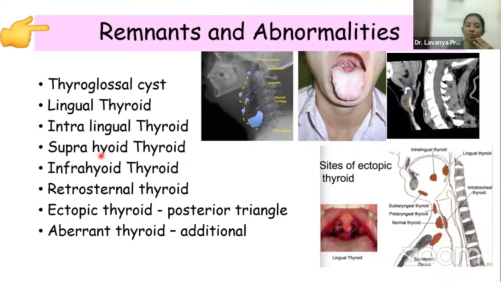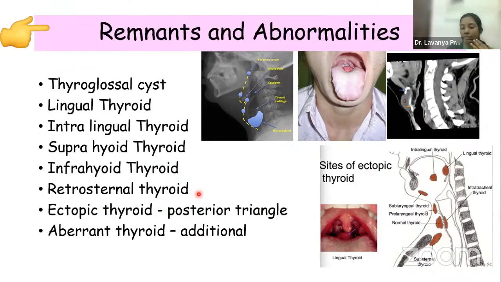Then we have suprahyoid thyroid and infrahyoid thyroid, where the bilobed structure can be formed, or the descending can be stopped, above the level of the hyoid bone or below the level of the hyoid bone. We call it a suprahyoid thyroid or infrahyoid thyroid.